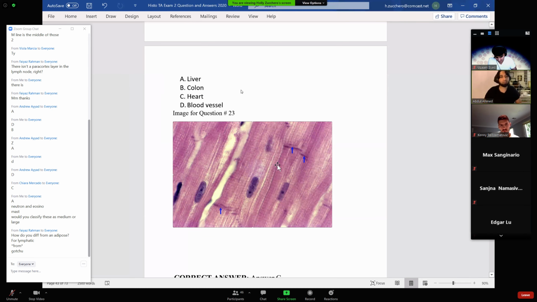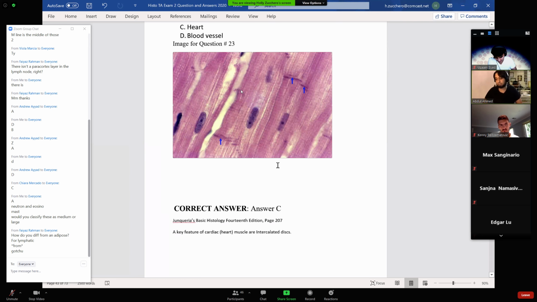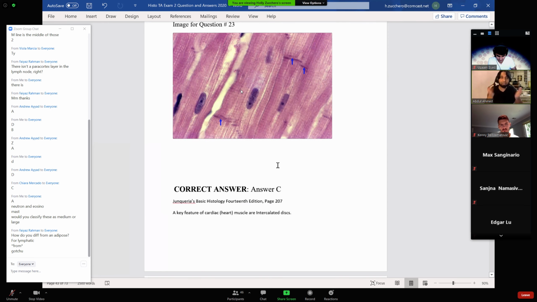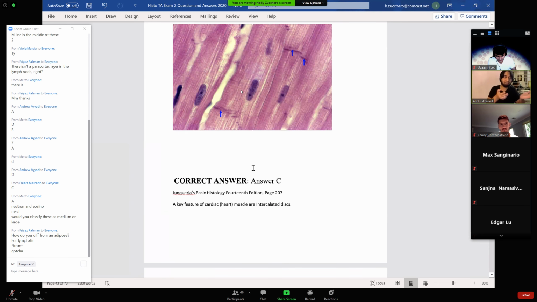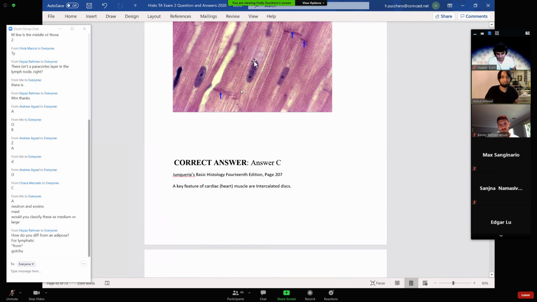Yeah, there you go. So that's going to be that key factor. There's a list in Junqueira in chapter 10 that breaks down skeletal muscle, cardiac muscle, and smooth muscle. With intercalated discs, you're already thinking cardiac. If you see striations, you should be thinking either cardiac or skeletal, but this is the key differentiator between skeletal and cardiac. All right, next question.